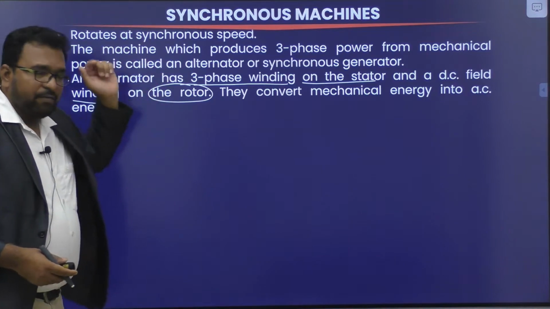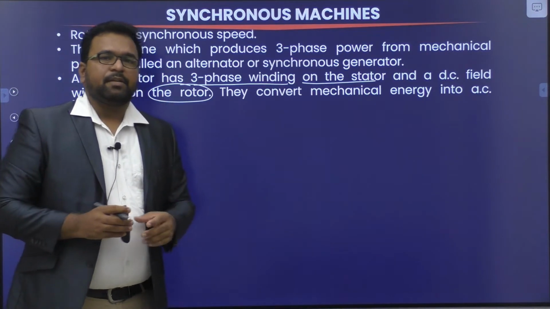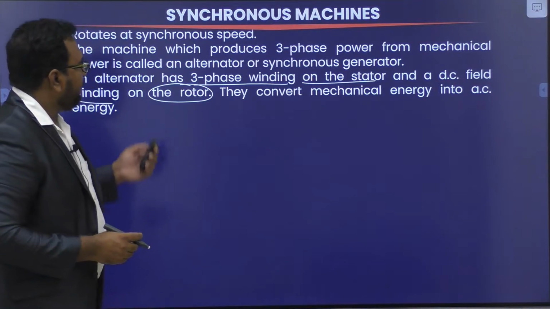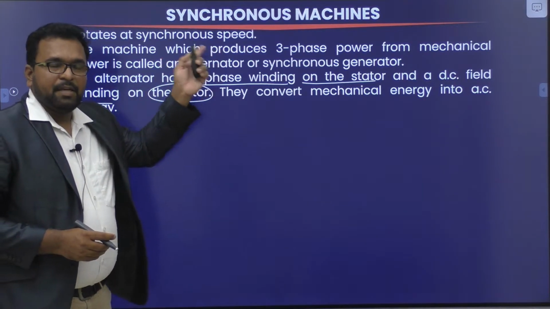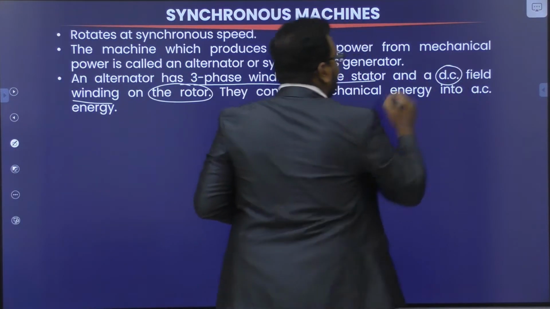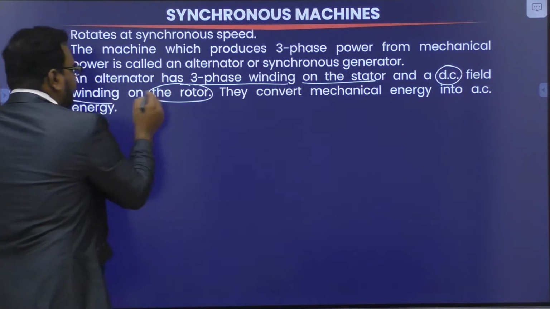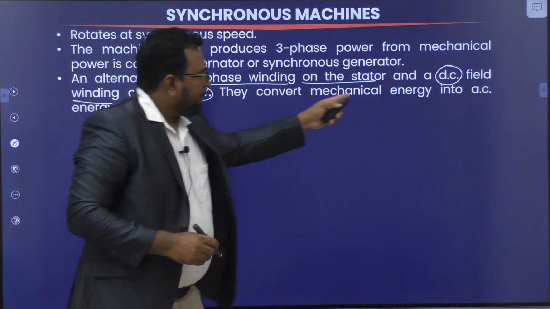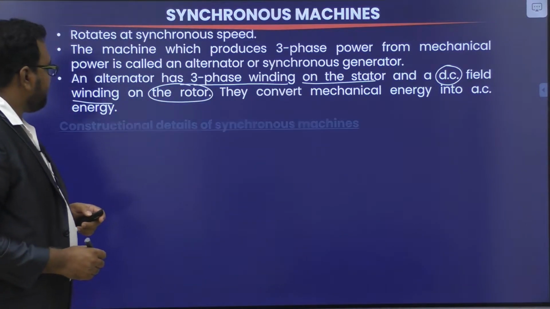In an induction motor, there is no DC supply provided to the field winding. Synchronous machines are excited by applying a DC supply to the field winding provided on the rotor. They convert mechanical energy into electrical energy.